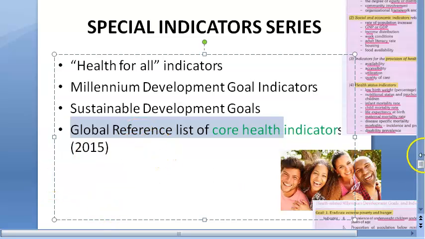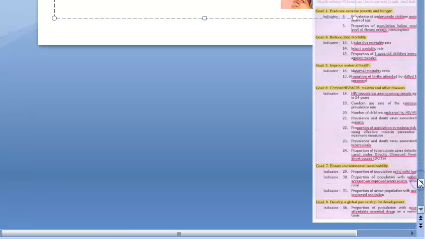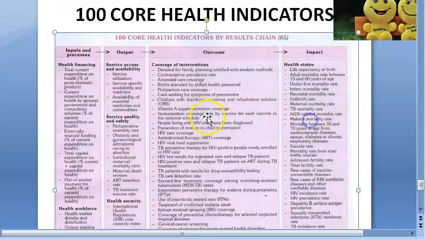Global reference list for core health indicators. So there's a reference list of 100 core indicators. Global reference list is a standard set of 100 core indicators. What are these indicators? Same thing only, guys, they are writing 100 of them.